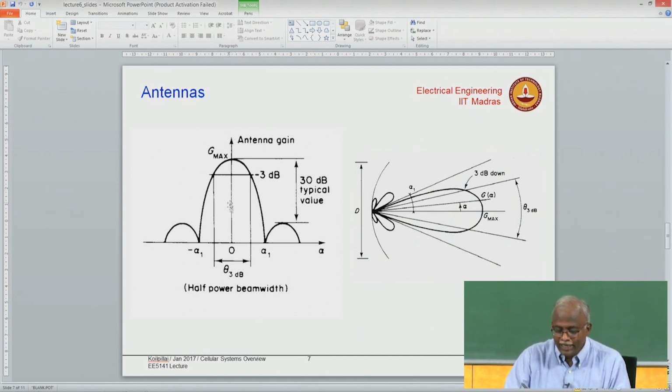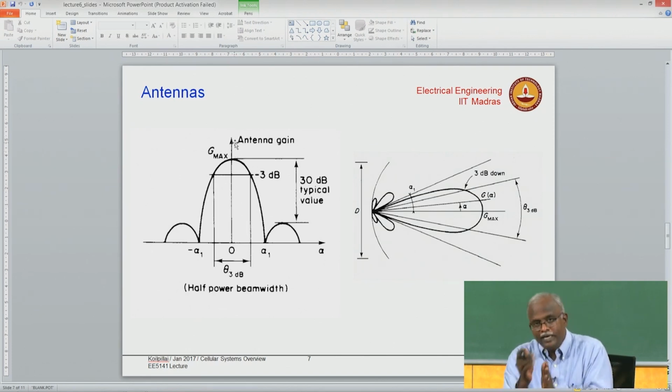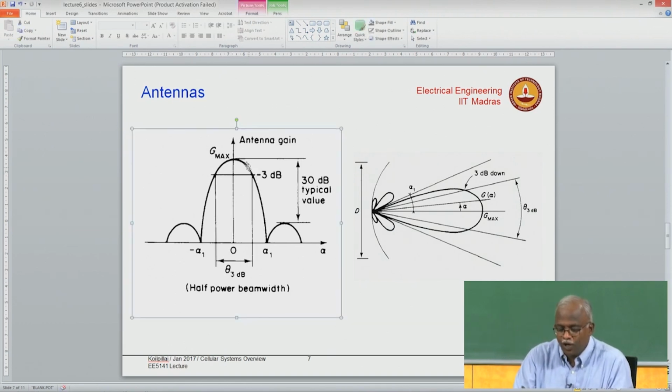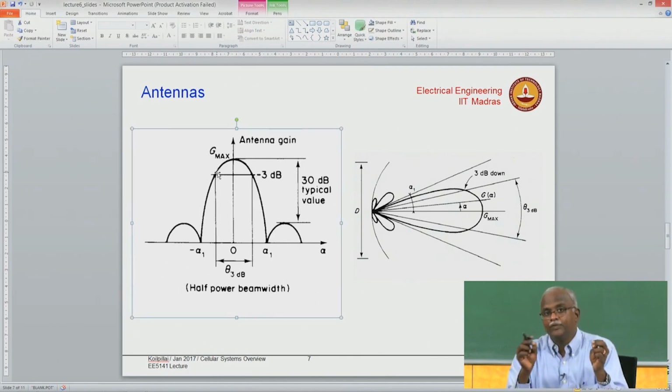It has a direction of maximum gain, and as you move away in terms of angle from the direction of maximum gain, you find that the gain eventually starts to drop. We are very interested to find the angle at which the power drops to minus 3 dB.